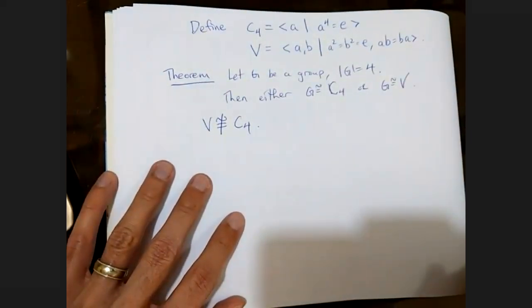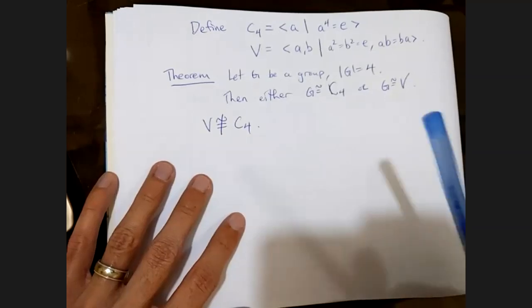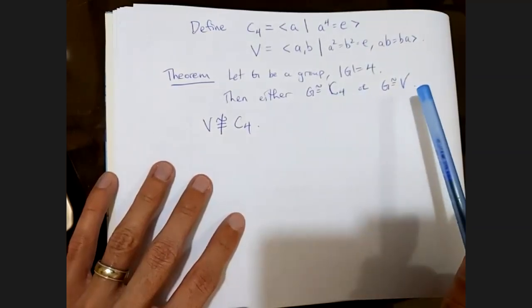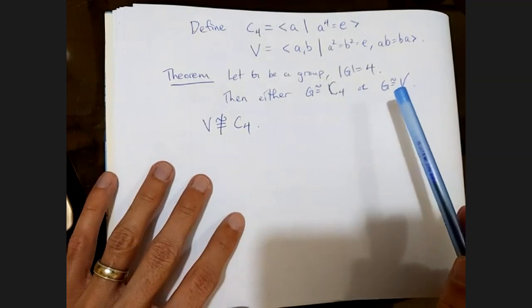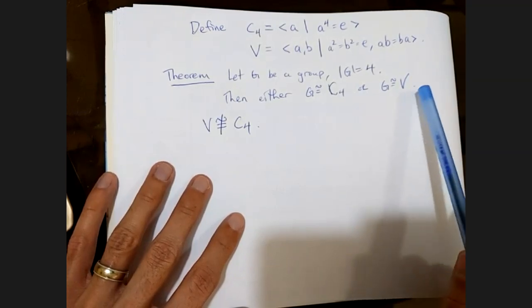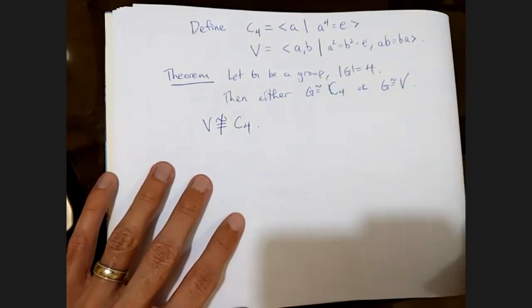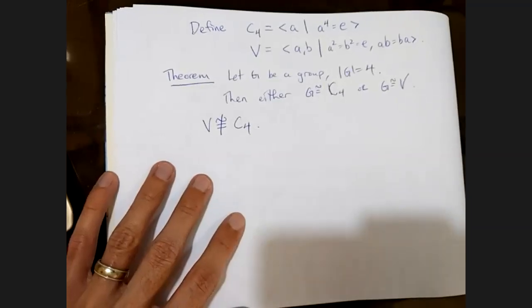So that tells us that I have a complete list of all the groups of order 4 now. You give me any group of order 4 you want, and it's really one of these two in disguise. So then I have a really good understanding of groups of order 4.